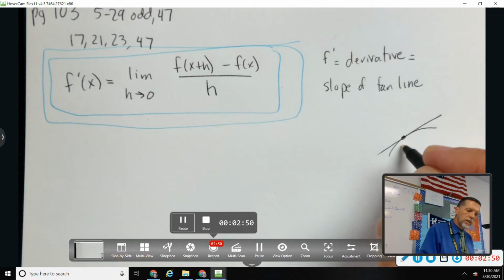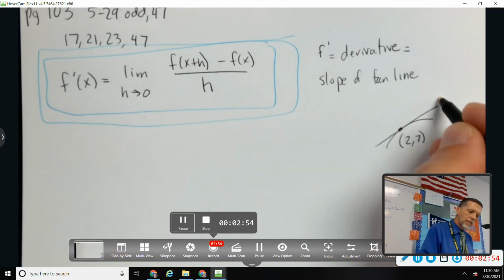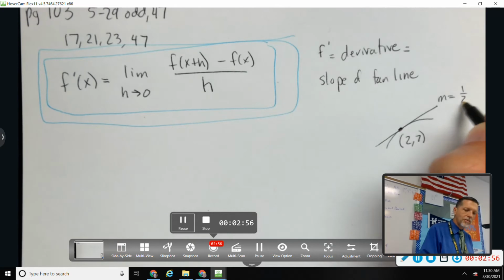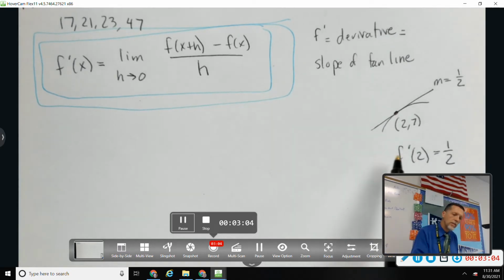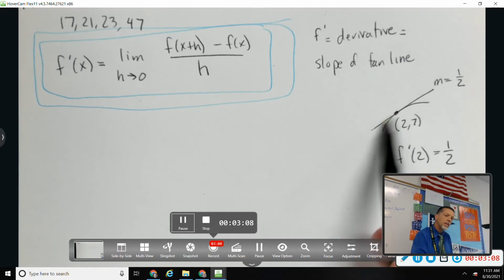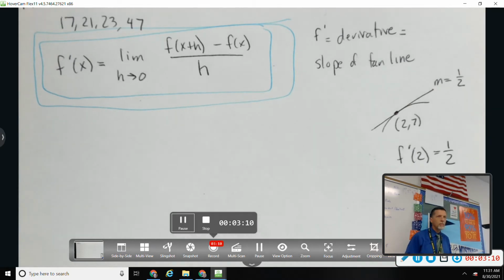So if that point is (2, 7), and if the slope of that line is 1/2, then f prime at 2 is 1/2. The derivative of the graph at 2 is the slope of the tangent line at that point on the graph.